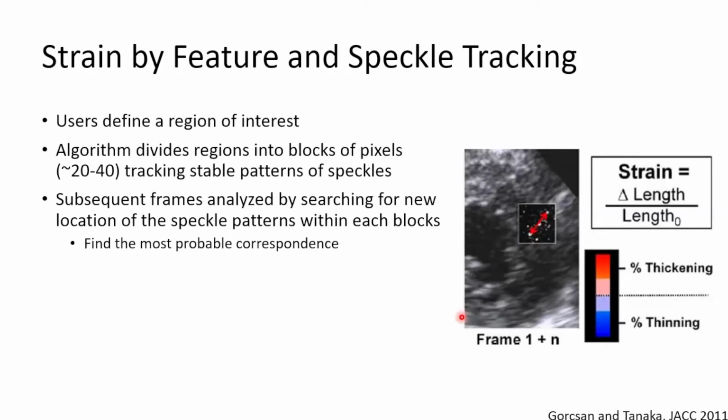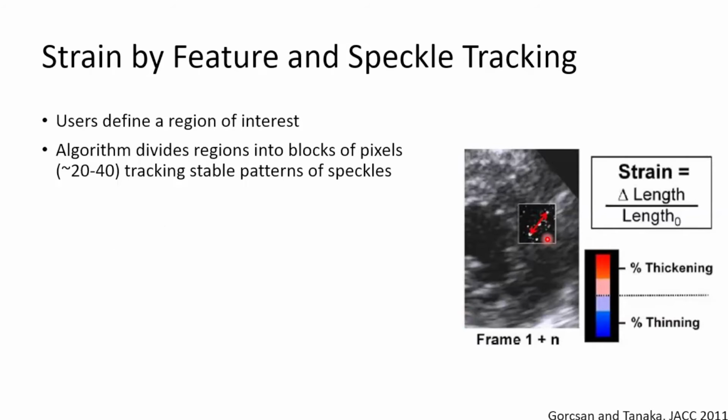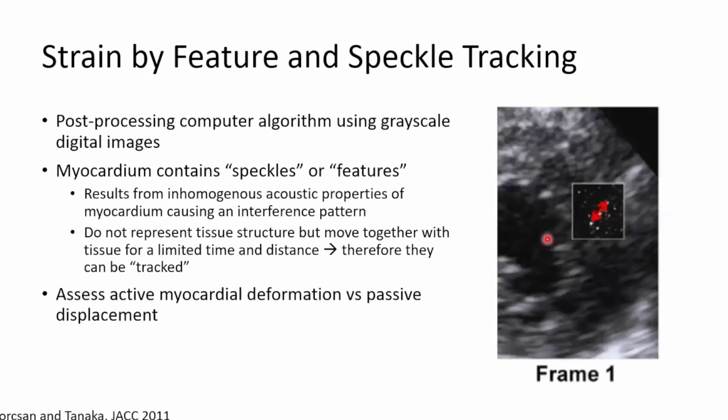They search for the new location of this block, and try to find the next block of pixel patterns that most closely matches the first one to understand where it has moved in these subsequent frames. Ultimately, the change from frame to frame gives us spatial information in terms of its movement. As you can see on the left side here, this is frame 1 plus n, whereas here this was frame 1.